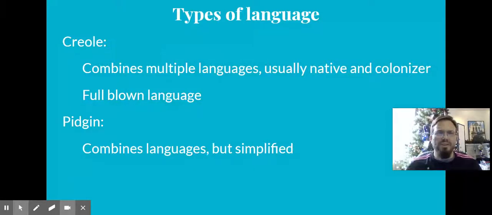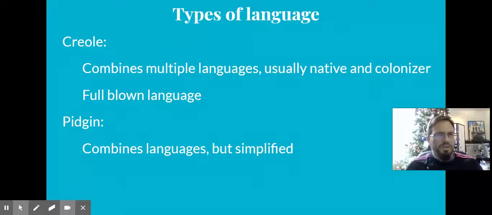So something very simple like that. So they are not, as opposed to Creole, they are not full-blown languages. They're just mixtures of stuff that's spoken so that people can get by. Imagine tourists trying to speak the language of the country that they're going to by looking at a dictionary. That would be a pidgin language.